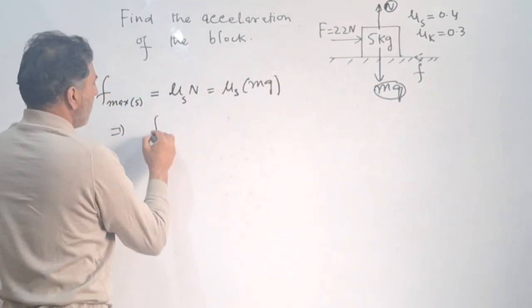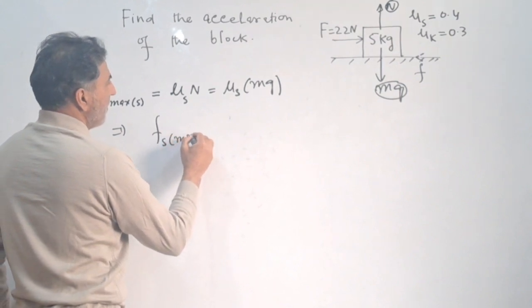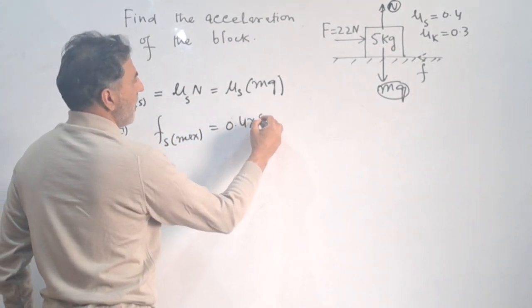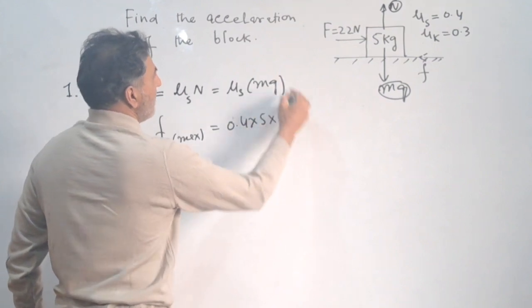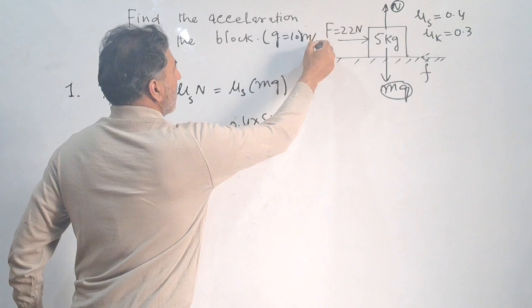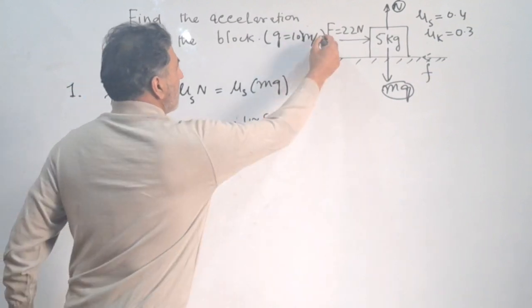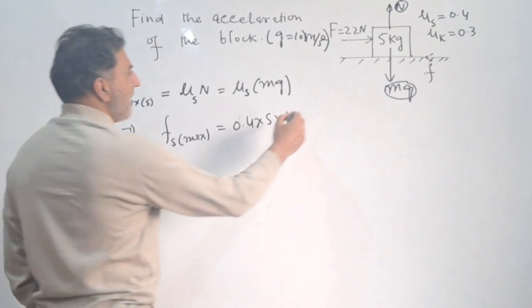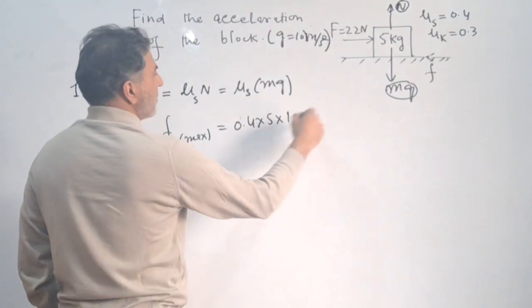So f s max is equal to, what is mu s? That is 0.4. What is m? That is 5. And g is taken to be 10 meter per second square. So when we multiply it, this cancels, it's 20 Newton.